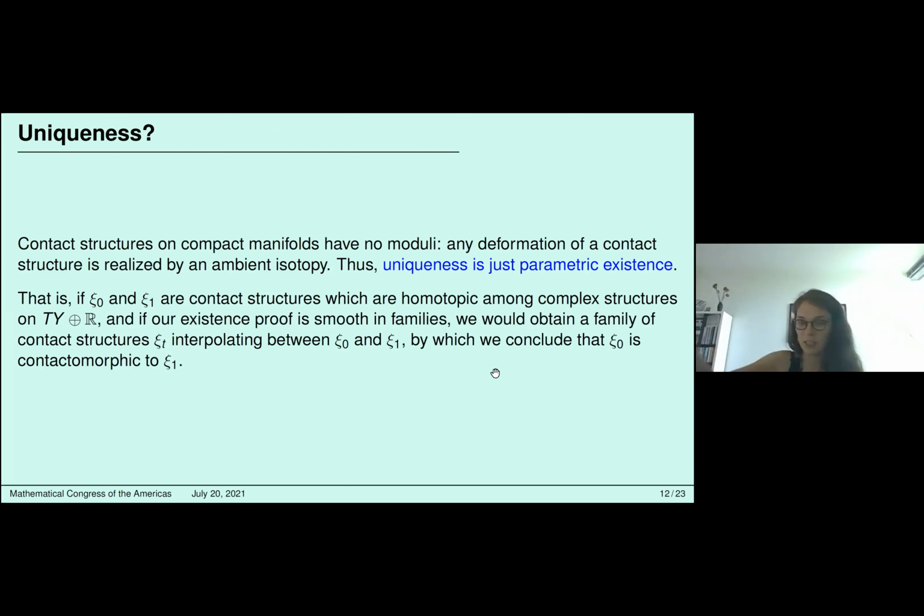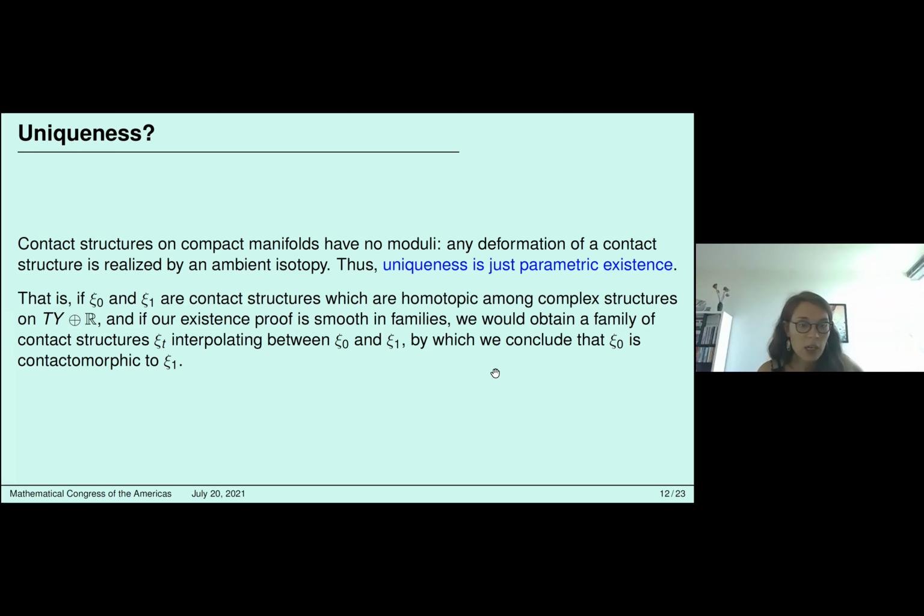And then we get this family of contact structures, psi t, interpolating between them. And then they're contactomorphic because any homotopy is realized by an isotopy, by what's called Gray's theorem, which is a very classical theorem.